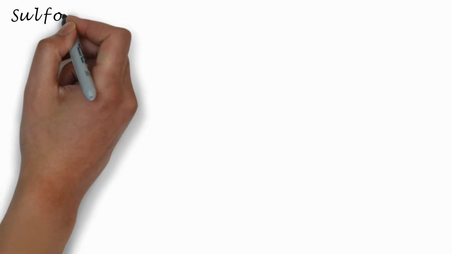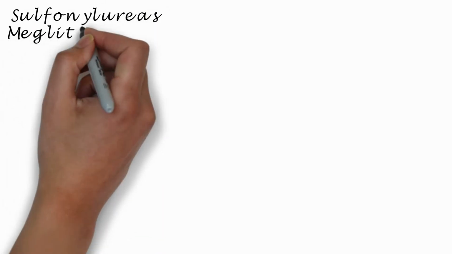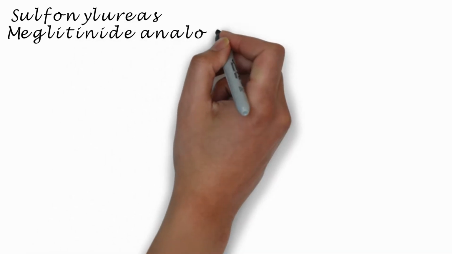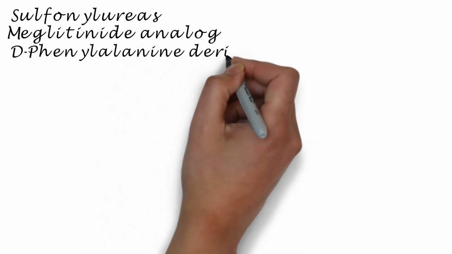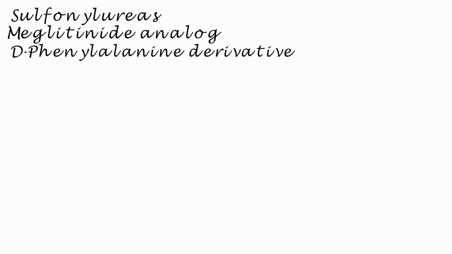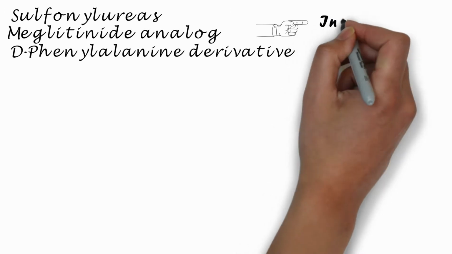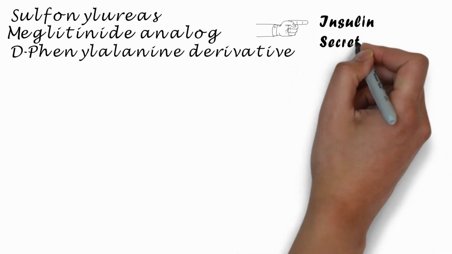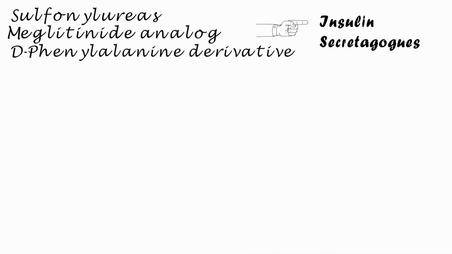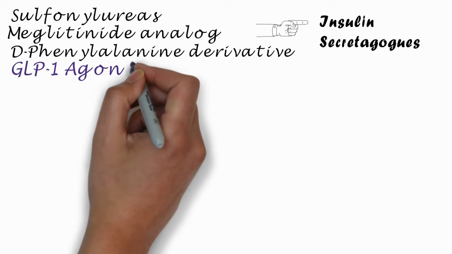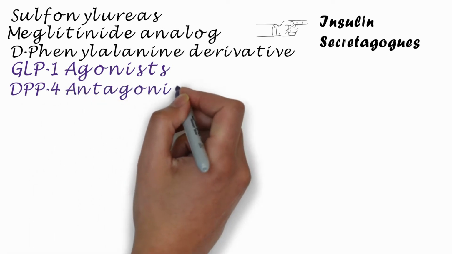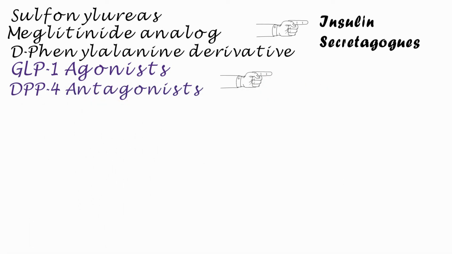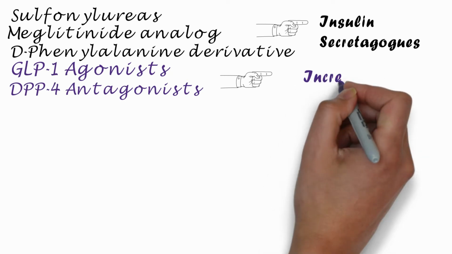We have sulfonylureas, meglitinide analog, and D-phenylalanine derivative, two of which are also called glinides, which act by increasing the secretion of insulin from beta cells of pancreas, and are called insulin secretagogues. The glucagon-like peptide 1 agonists and the dipeptidyl peptidase 4 inhibitors are also insulin secretagogues but act through the incretin mechanism.